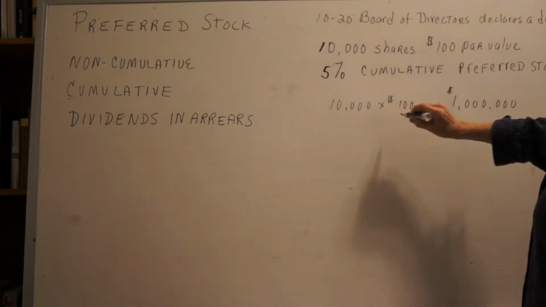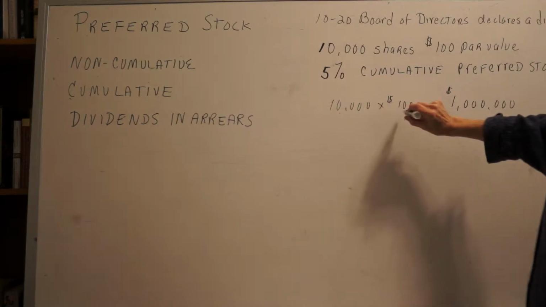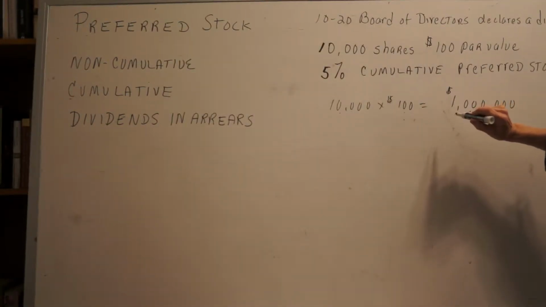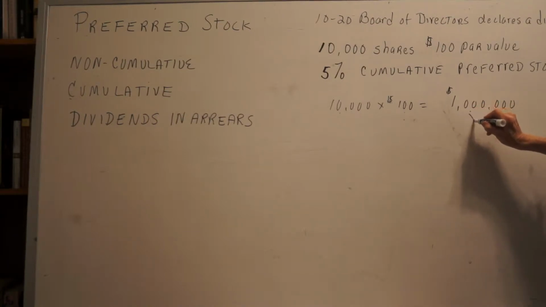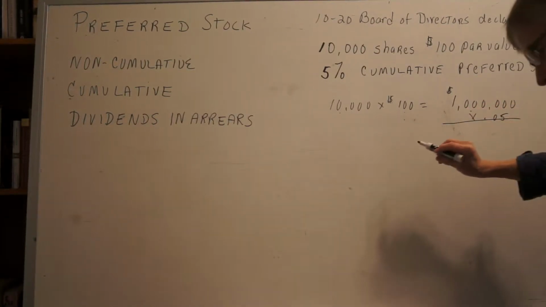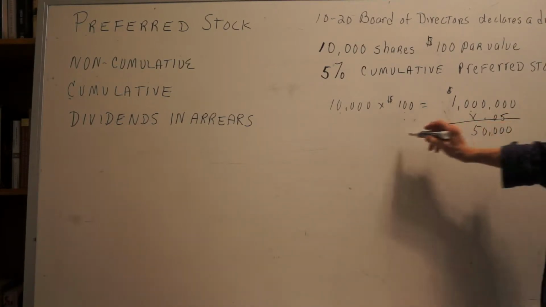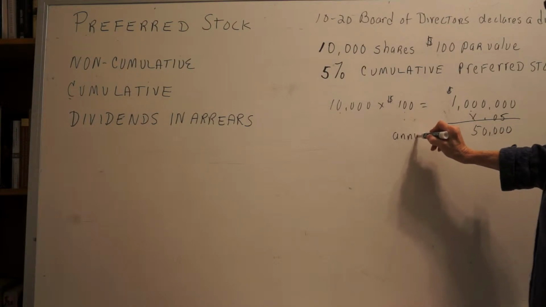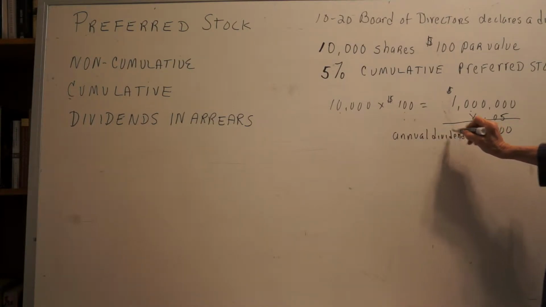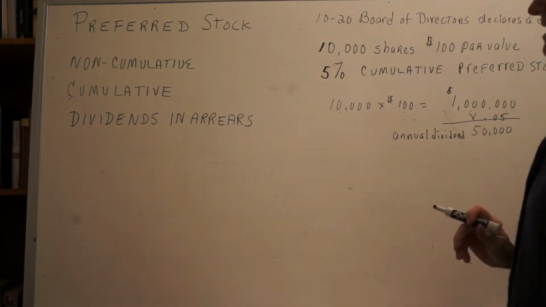So you take the number of shares outstanding times the par value, which gives you the value of the preferred stock, and then you simply multiply by 5% to get the annual dividend, which would be $50,000. That would be the amount of the preferred dividend due to the preferred stockholders.